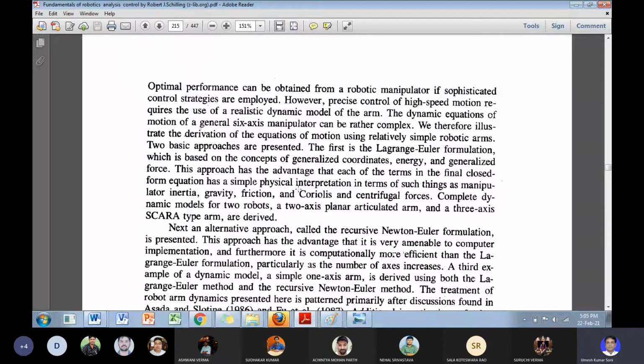The variation in the angular position is called the angular velocity omega, and the change in the linear length of the link is called the velocity. If both joint variables are changing, there may be linear as well as angular velocity.